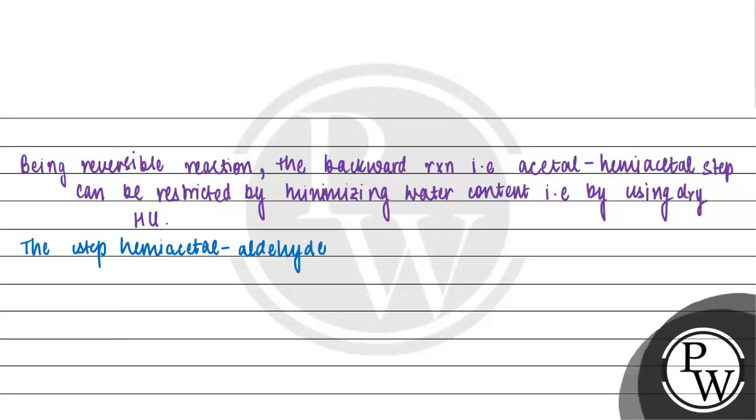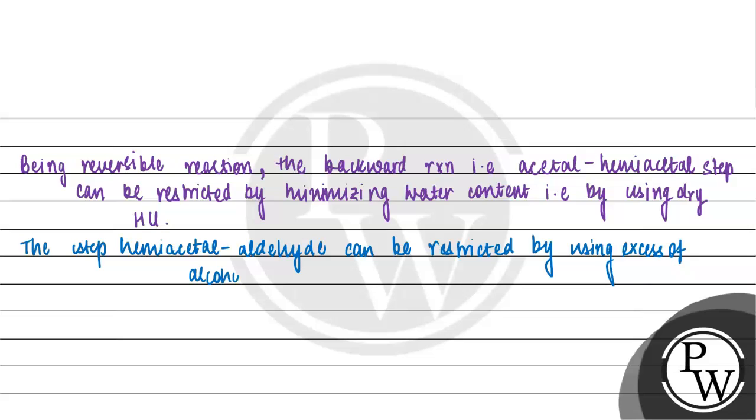So this can be restricted by using excess of alcohol. जो हमारा एसिटिल हेमिएसिटिल वाला स्टेप है, उसको हम वाटर कंटेंट को मिनिमाइज करके रिस्ट्रिक्ट कर सकते हैं, और जो हमारा हेमिएसिटिल एल्डिहाइड वाला स्टेप है, उसको हम रिस्ट्रिक्ट कर सकते हैं बाय एडिंग एक्सेस ऑफ अल्कोहल. Let us write this line also. By using excess of alcohol.